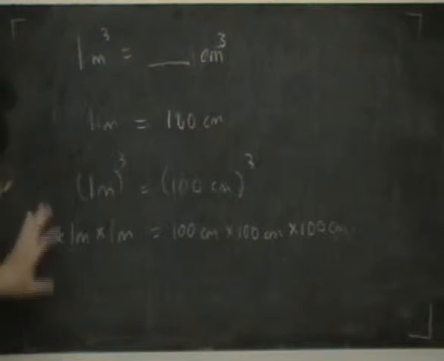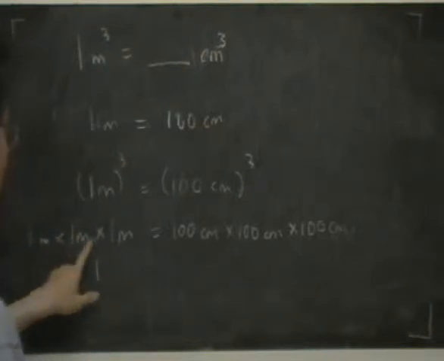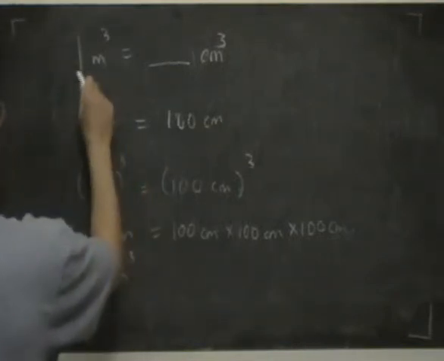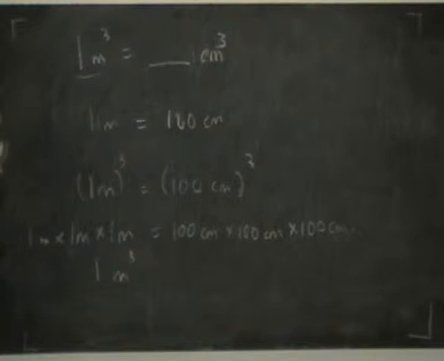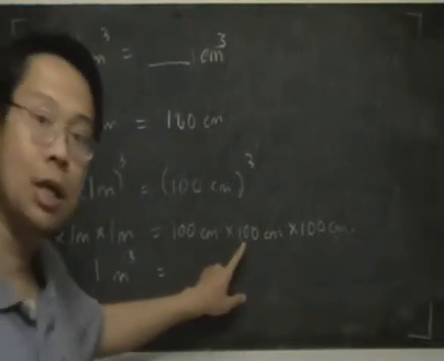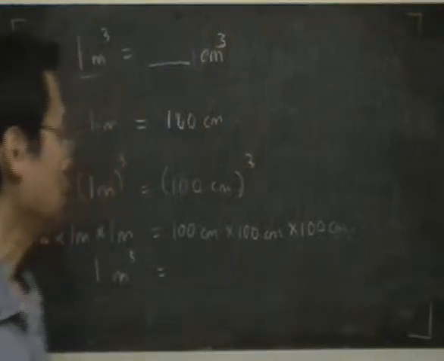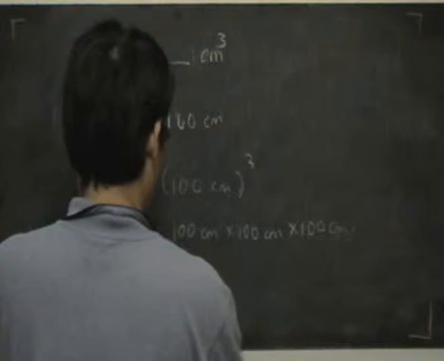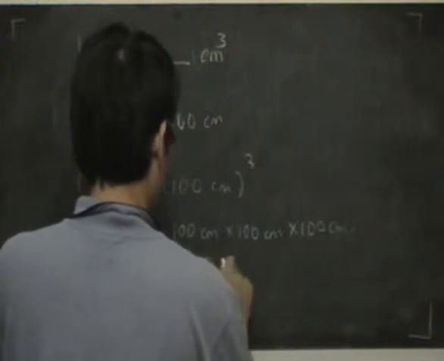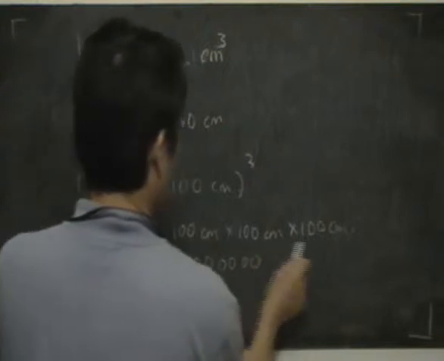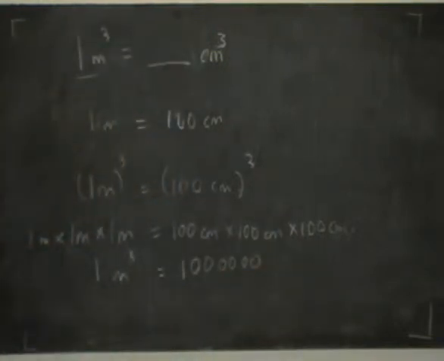So let's do the left side first. 1 times 1 times 1 is 1, m times m times m is m cubed. So that's the same as before. On the right side, we have 100 times 100 times 100. That would be 1, 0, 0, 0, 0, 0, 0. Altogether 6 zeros.